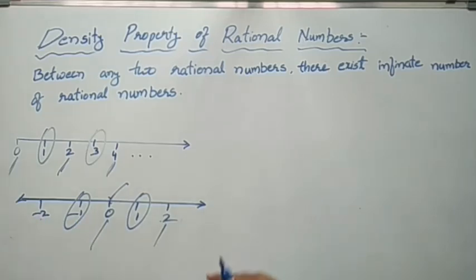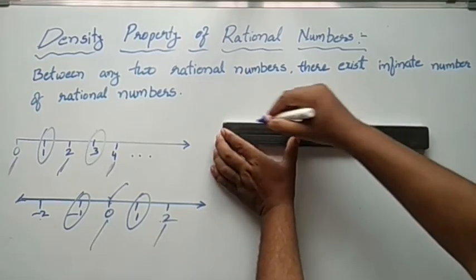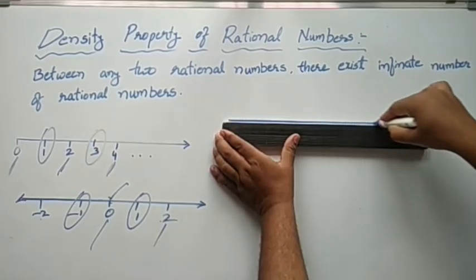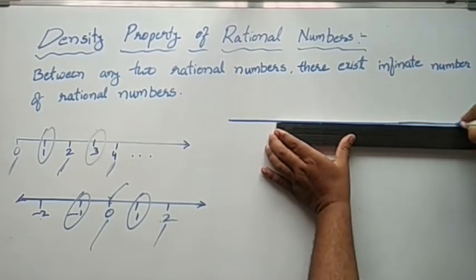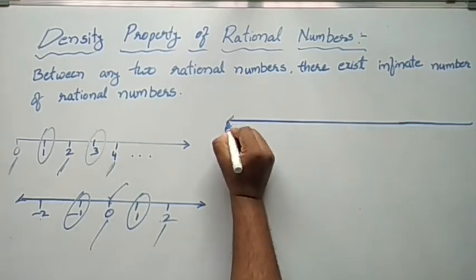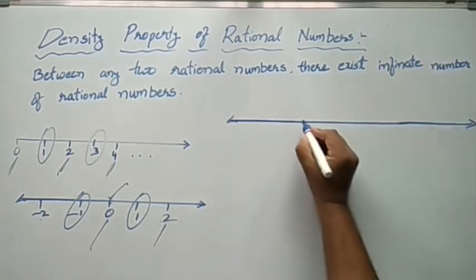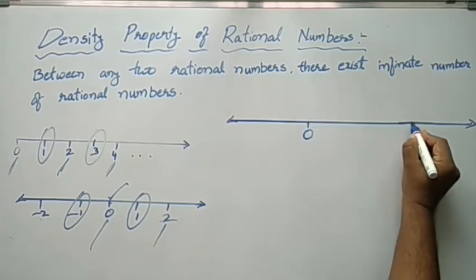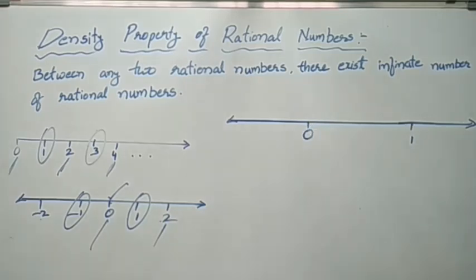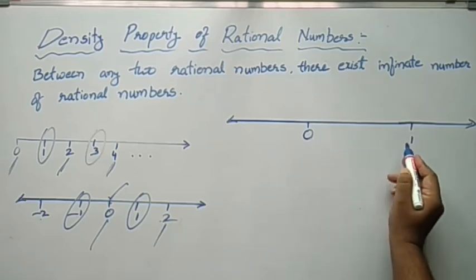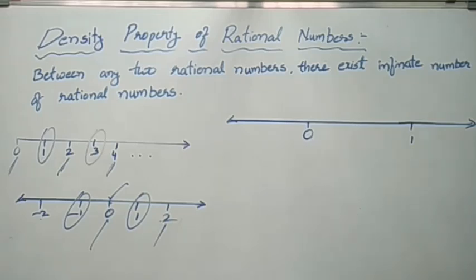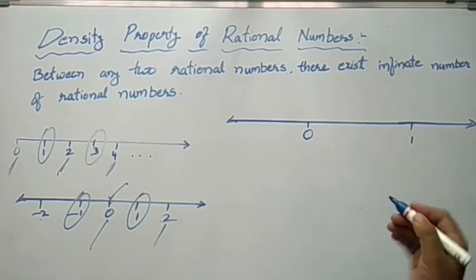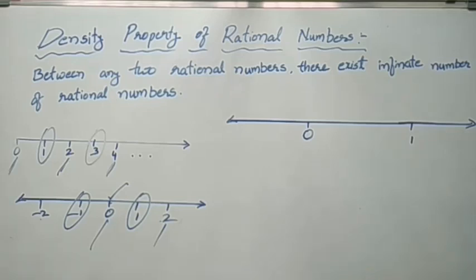Now we will come to the rational numbers. I am taking here the 0 and here the 1. In between 0 and 1, does any number exist? If it exists, how can we find it?